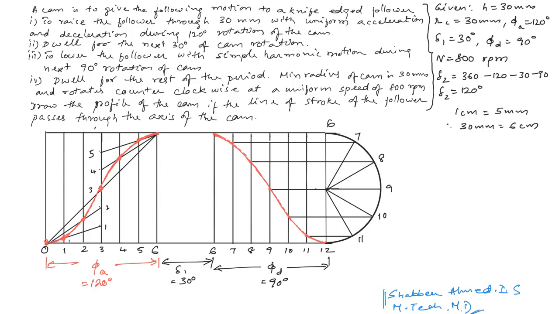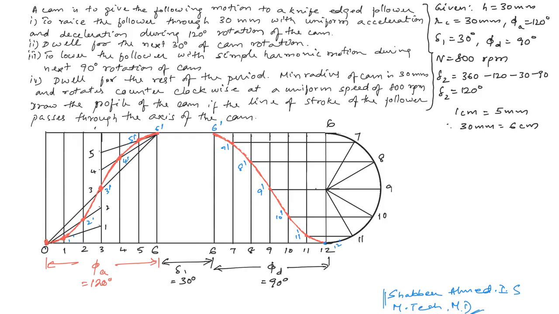This is 1 dash, 2 dash, 3 dash, 4 dash, 5 dash, 6 dash, and this will be 6 dash, and then we have 7 dash, 8 dash, 9 dash, 10 dash, 11 dash, and of course this will be 12 dash here, and they will coincide.